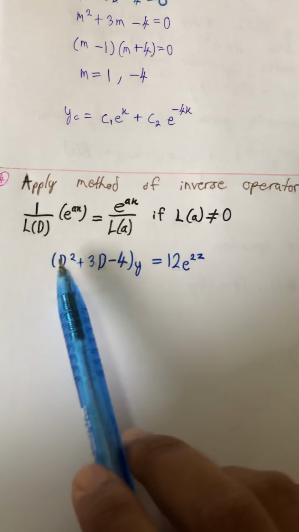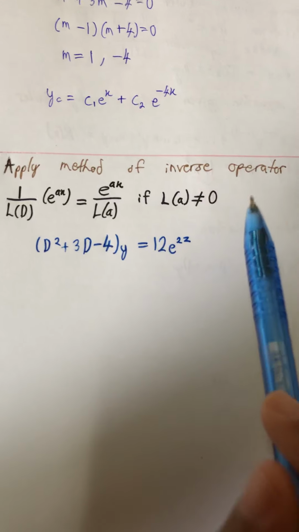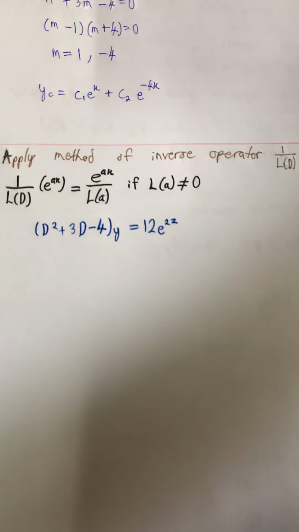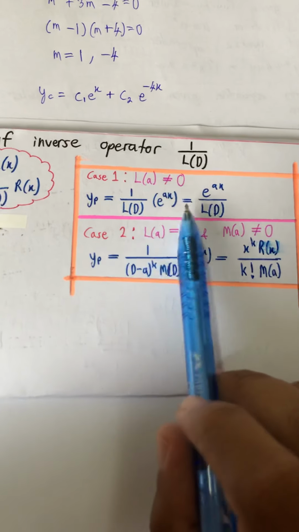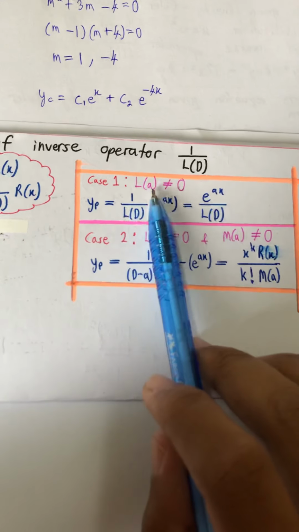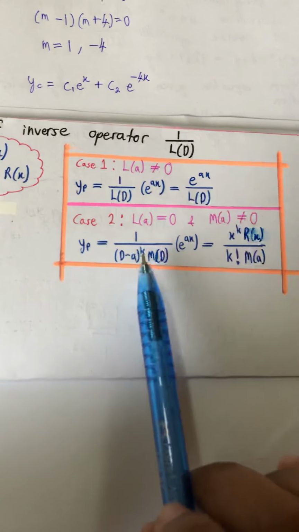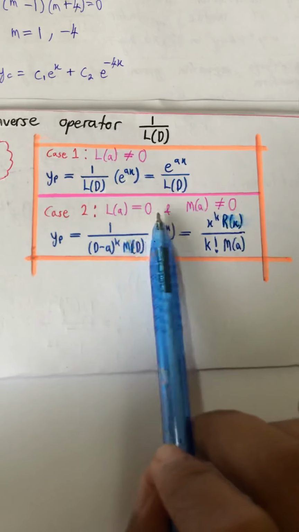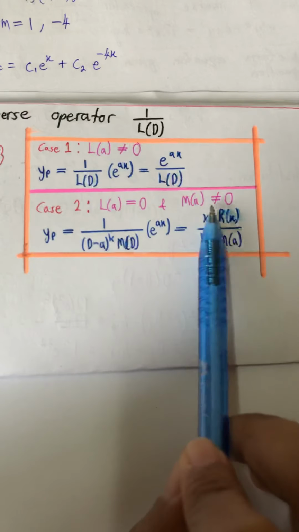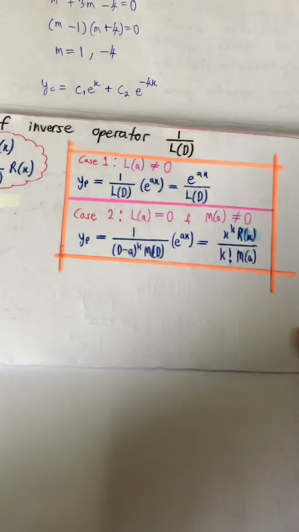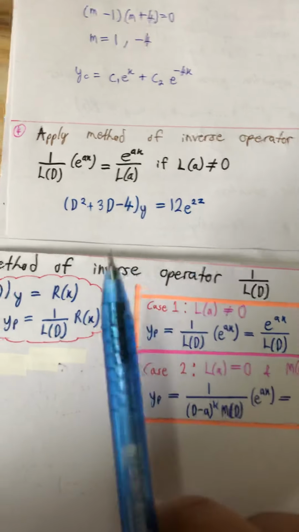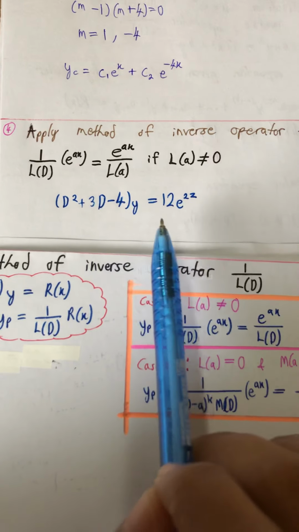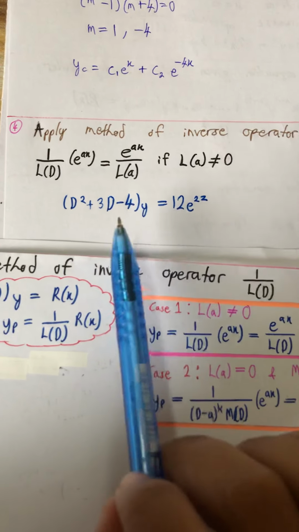So here recall the inverse operator method. The inverse operator method consists of two cases. The first case is we apply this if the L(a) is not equal to 0, and for the second case we will use this formula if our L(a) is equal to 0 and our M(a) is not equal to 0. So first of all, from the equation we need to determine our a, our L(a) and our L(D).